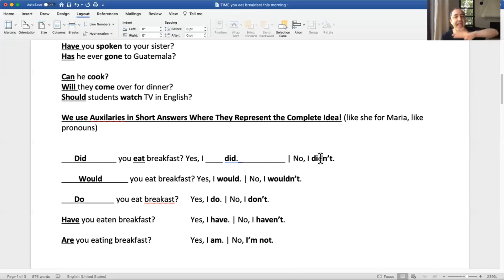These could represent any action and object connected, any idea in the past. Would you eat breakfast? Yes, I would. No, I wouldn't. Again, representing the whole idea. Do you eat breakfast? Yes, I do. No, I don't. These auxiliaries here are short answers, representing that idea before.